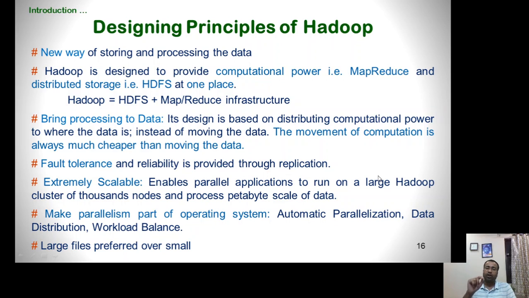And this is possible through replication. We will see what data replication is in a consequent slide. Now, extremely scalable. What does it mean? It enables parallel applications to run on a large Hadoop cluster of 1000 nodes and process petabyte scale data.